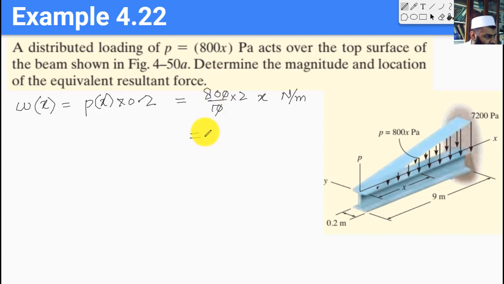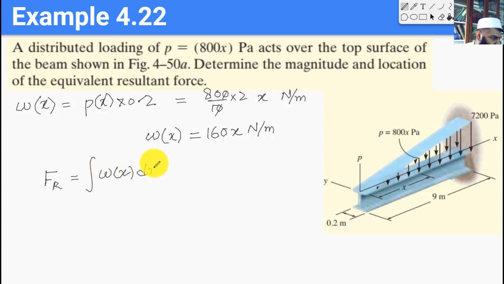This cancels with this and again becomes 160x Newton per meter. Okay, so this is W of x. Now the next step is again exactly what we did before. To find the resultant force, we do an integral of W of x dx.